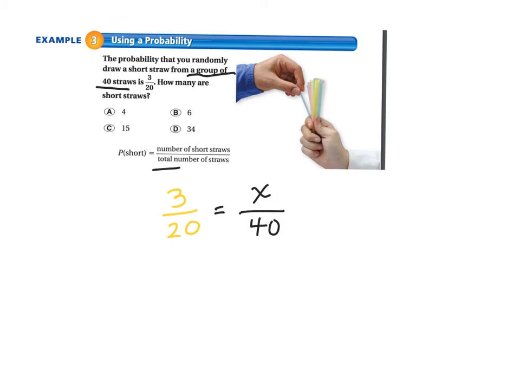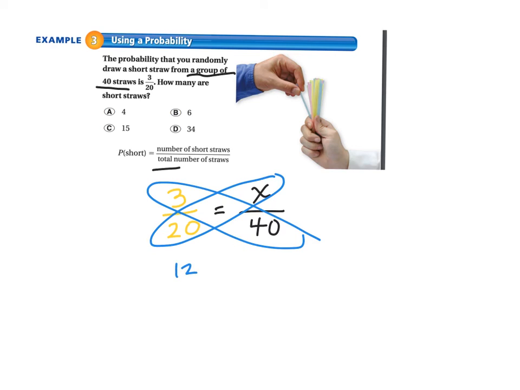Okay, and you can solve this any way that you like. Personally, I like butterfly multiply or cross multiply, so I will use that method. Starting with the 40 and the 3, 40 times 3 is 120, and 20 times x is 20x. How do I isolate the variable? In other words, how do I get the x by itself?